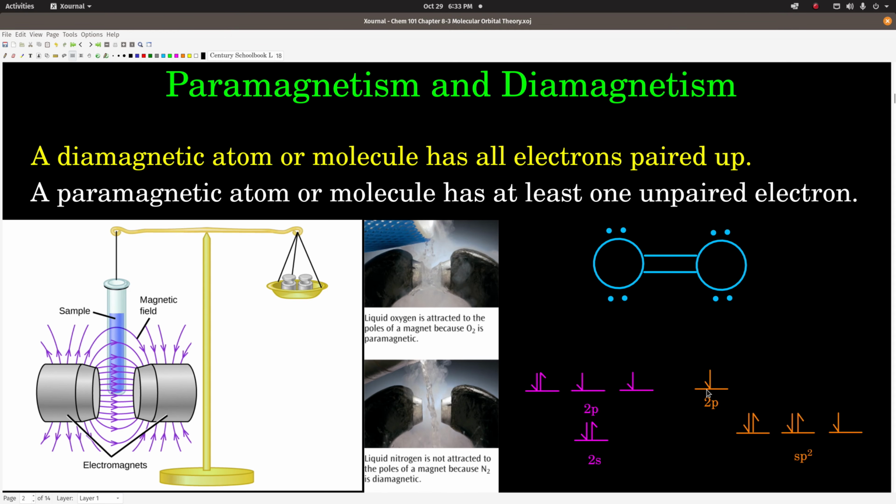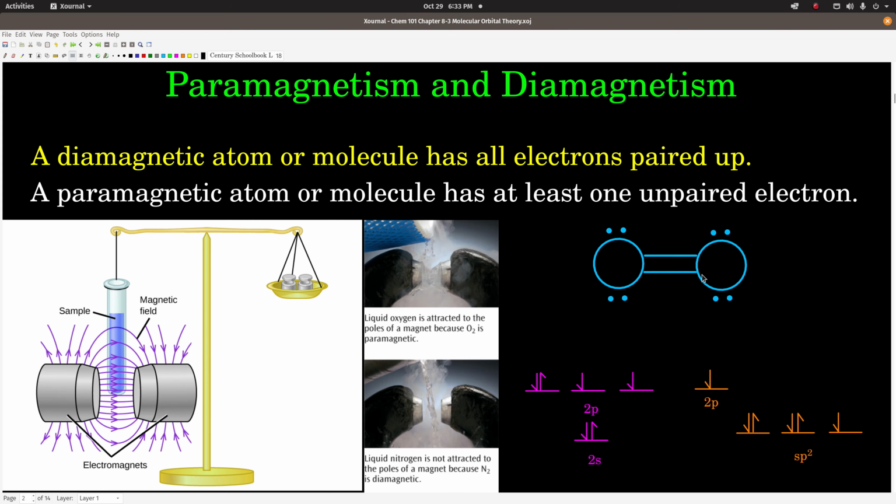But when it combines with another oxygen to form the molecule, the 2p orbital has two electrons in it because that's the pi bond here, and the sp2 orbitals also have two electrons in them because that's the sigma part of the bond, one electron from each. So there are no electrons predicted to be unpaired in the oxygen molecule with either valence bond or Lewis theory or hybridization theory.